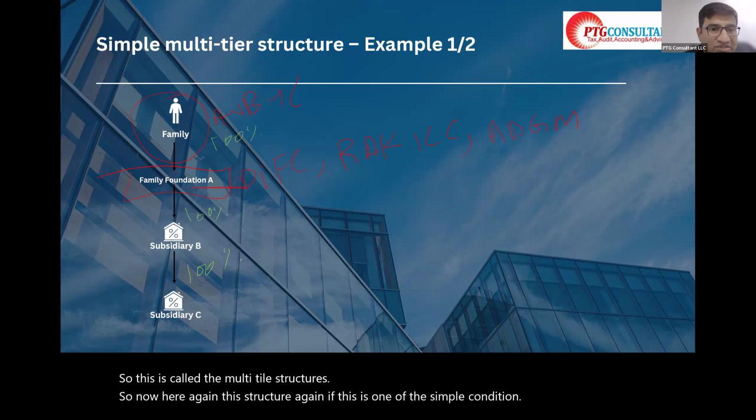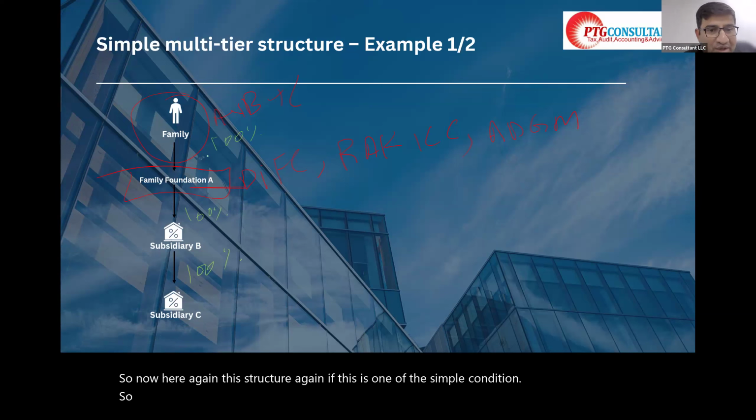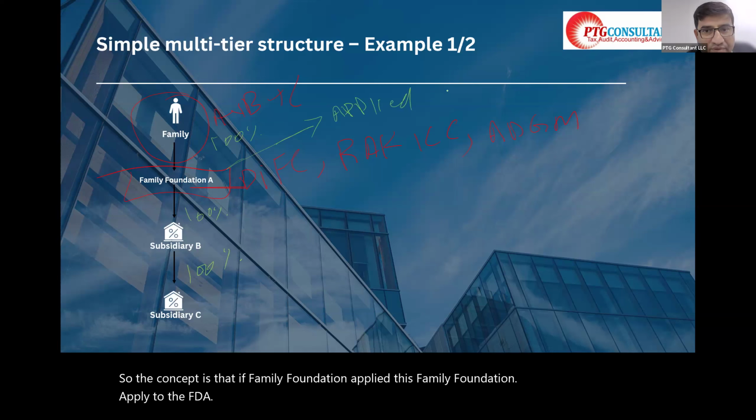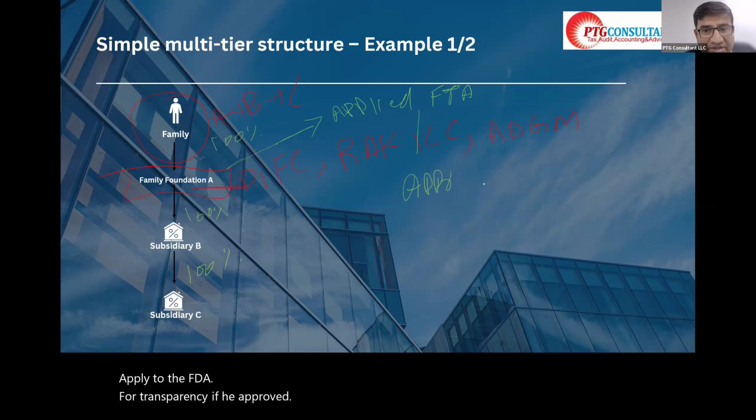The concept is that if the family foundation applied to the FTA for transparency, and it is approved by giving all the documents and all the supporting, then the family foundation owns 100% of B. What is B?